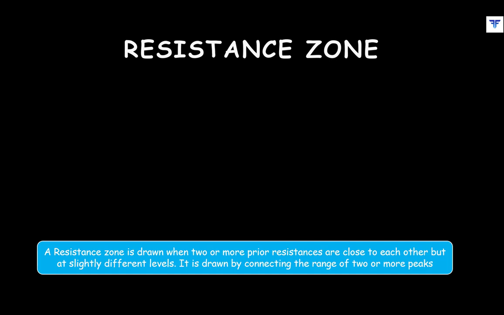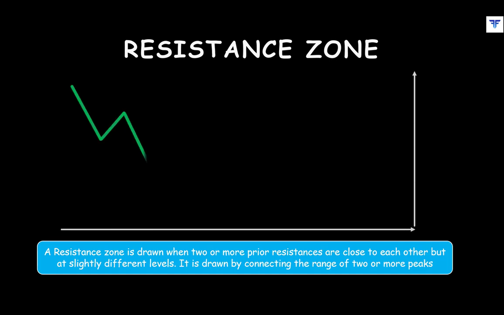To understand the concept of a resistance zone better, have a look at this chart. See that the rally from 0.2 extended slightly beyond the high of 0.1. However, see that once the price broke above the high of 0.1, buying interest failed to materialize.